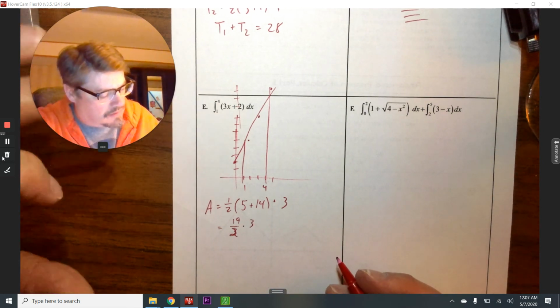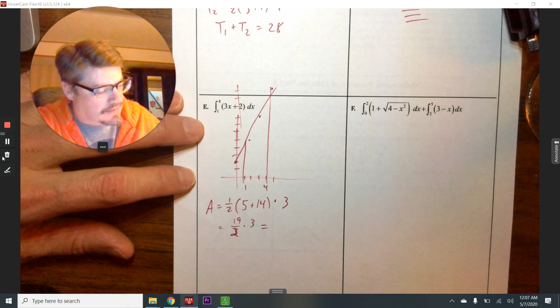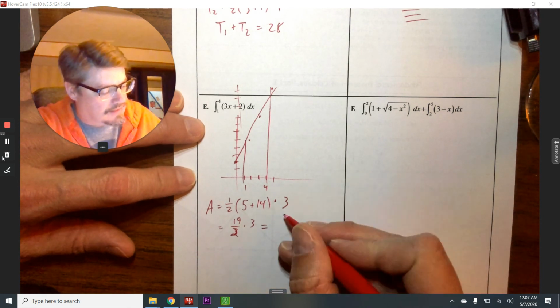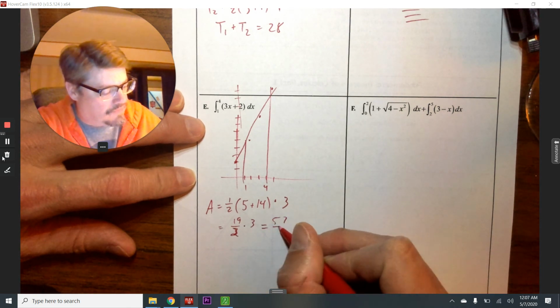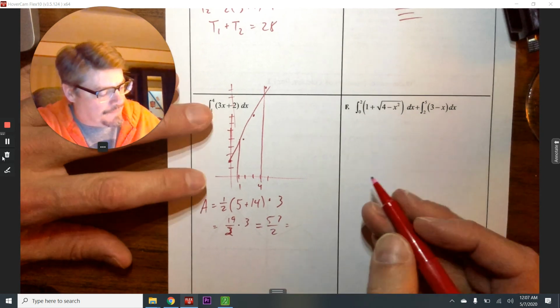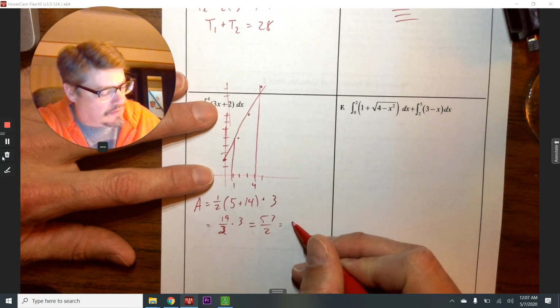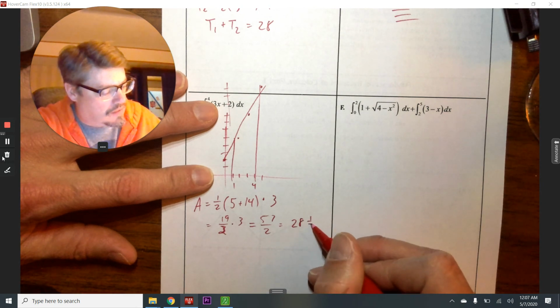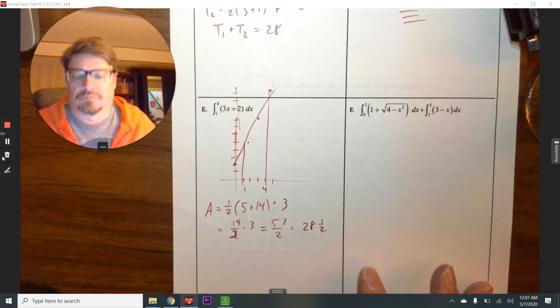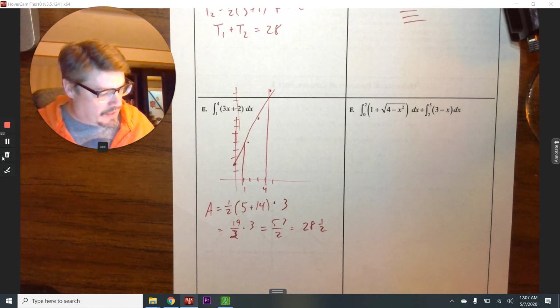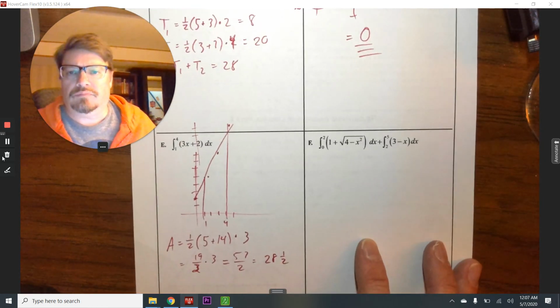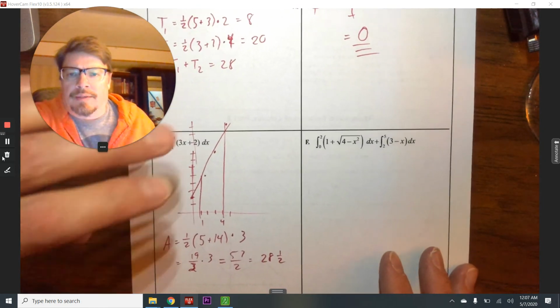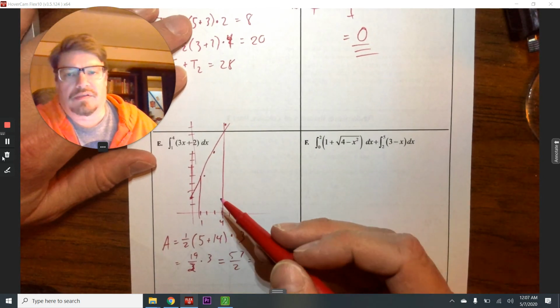So what is that? That is 57 over 2, which is 28.5. All right, last one. This totally sloppy trapezoid.